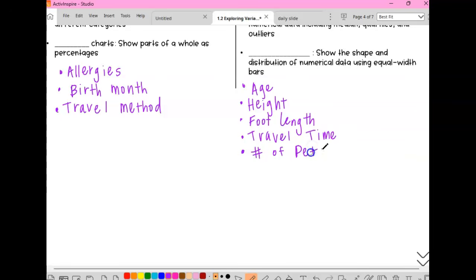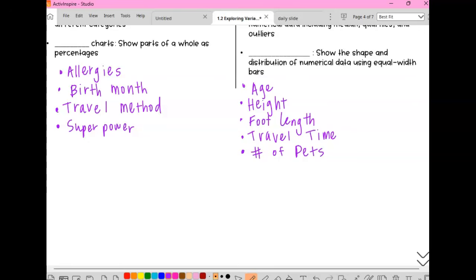Number of pets. Okay. And then the last one was, which superpower would you choose? So I would agree. Yes, categorical. Superpower. Yeah. Okay.